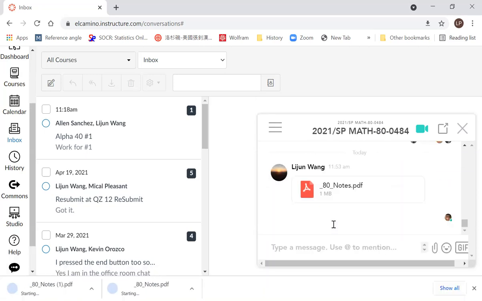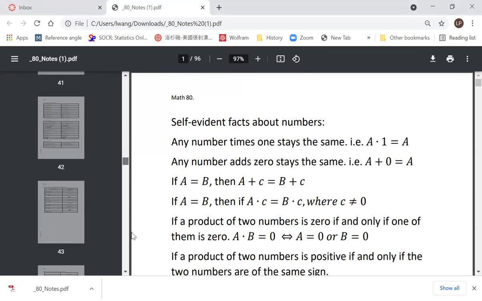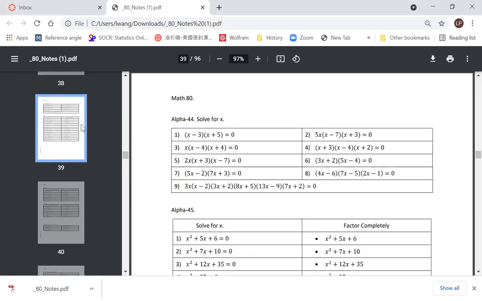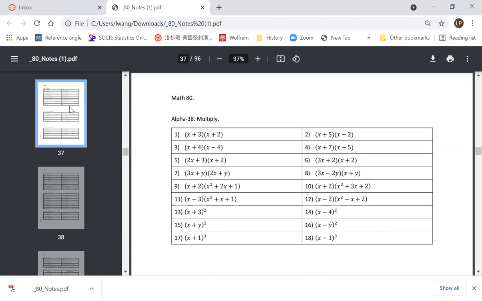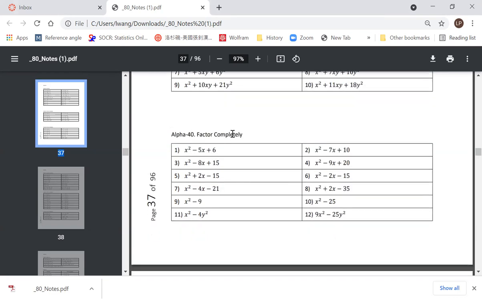So you open up the notes. It's going to be downloading. So you're going to go to page number 37. Page 37, look, there's a fact Alpha 40 here.